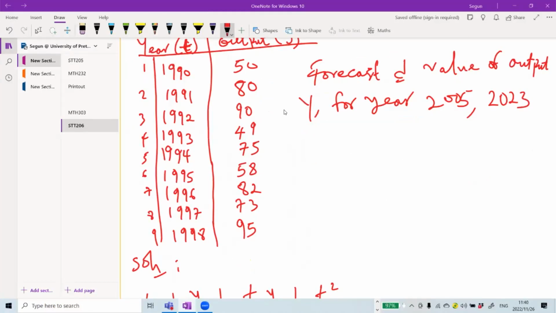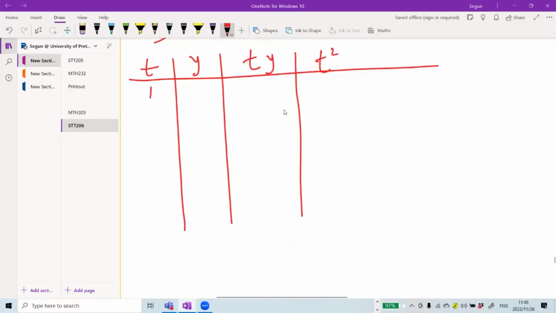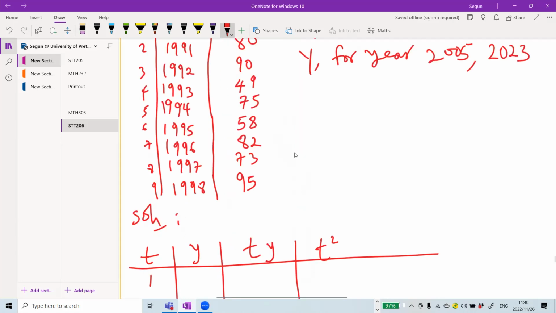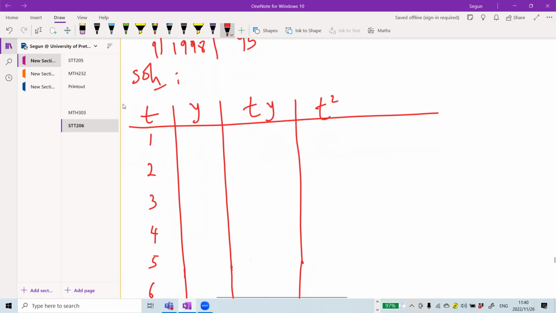So now we will change our T to be 1, 2, 3, 4, 5, 6, 7, 8, and 9. So that is the number of T you have. Then, after you have the T, you can go ahead and calculate the rest by analyzing it one after the other.